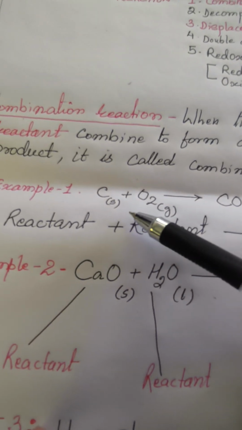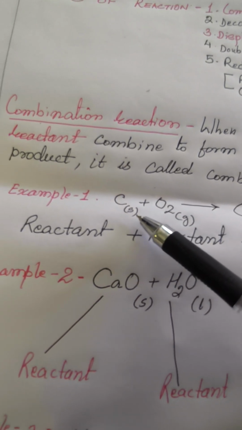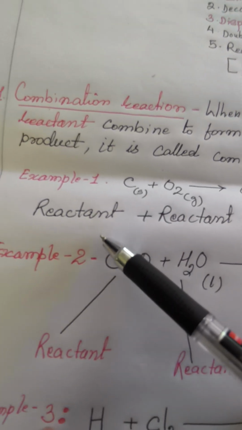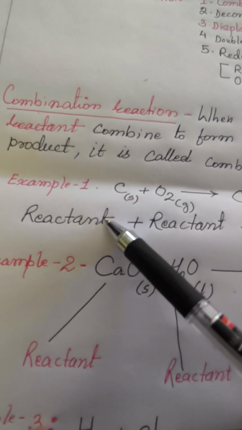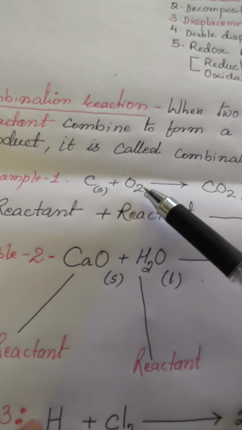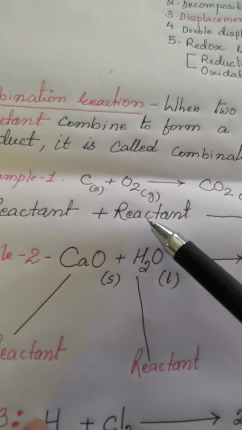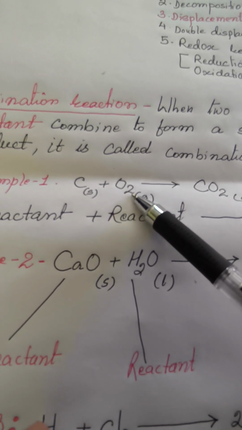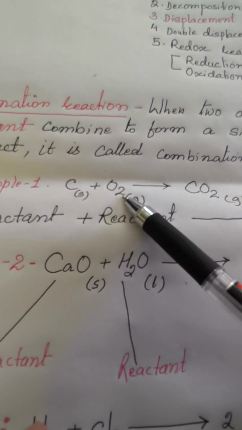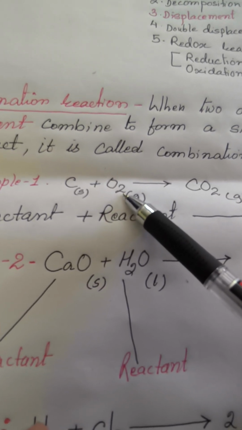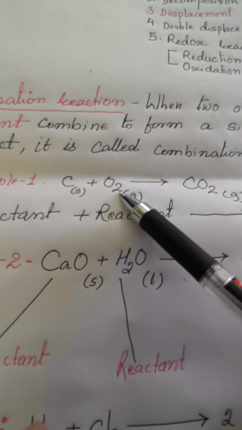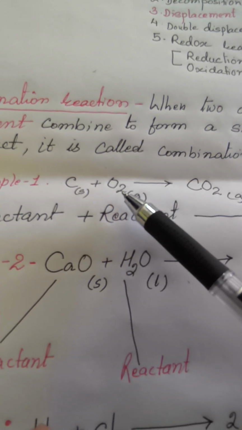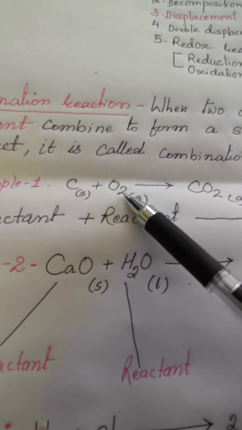First of all, understand what the reactants are. Reactants are on the left hand side. This carbon is a reactant, and oxygen is also a reactant. While writing the reaction, oxygen should be written as O2, because two atoms of oxygen combine to form one molecule of oxygen. So the molecular form of oxygen should be written here.